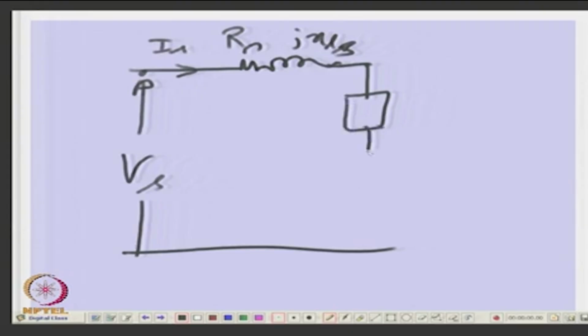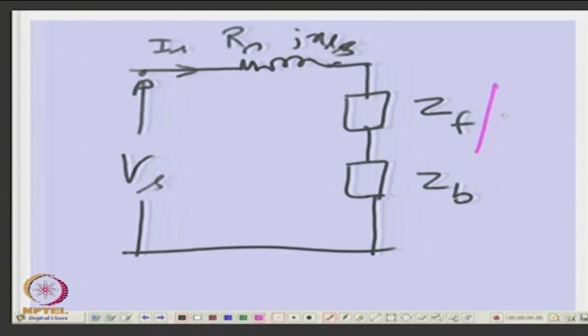What will this be? Is it ZF? It is ZF by 2, that is why I am writing it in a different color. Please note it is ZF by 2, because my definition of ZF is not XM by 2 etc., it is this, okay, ZF by 2.